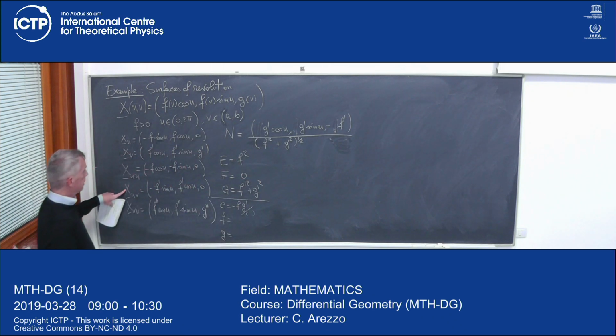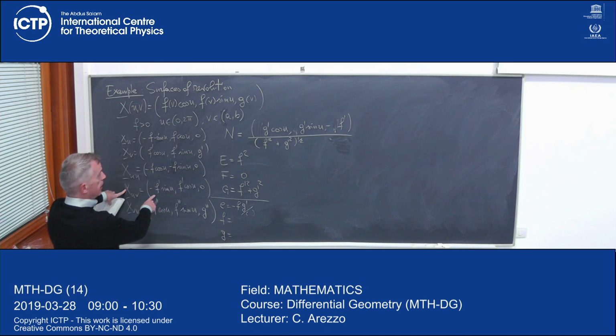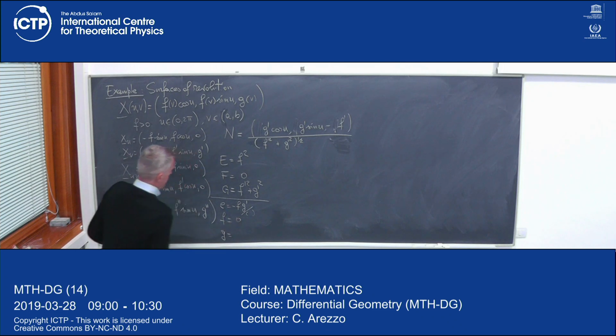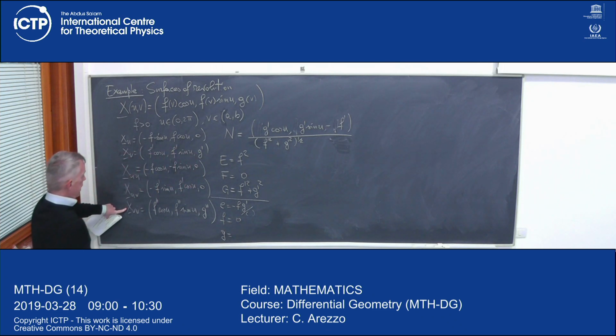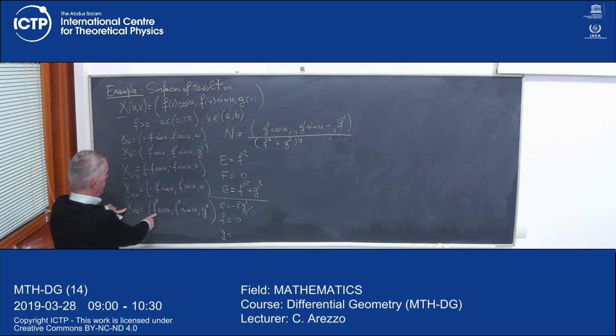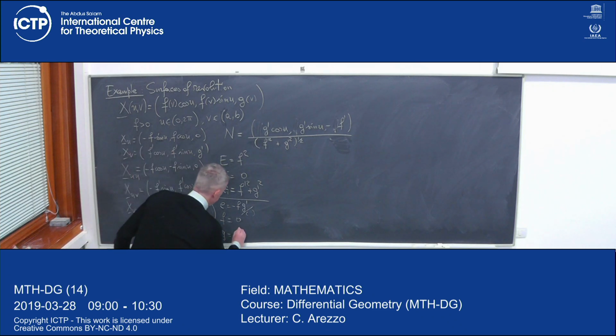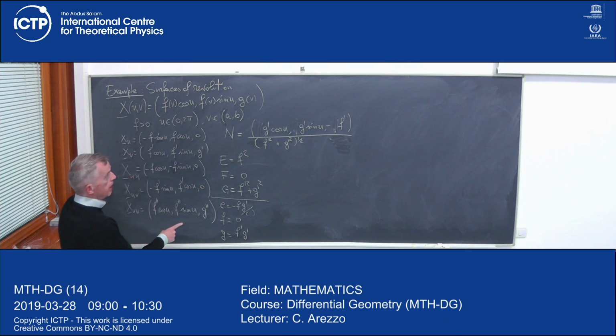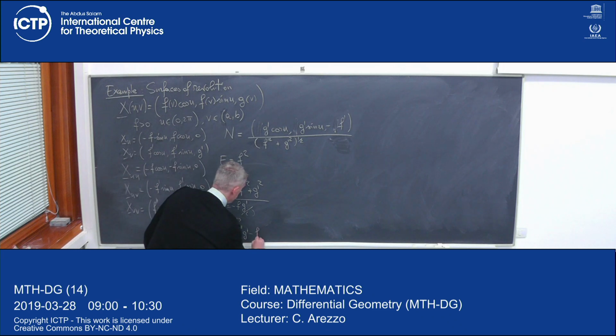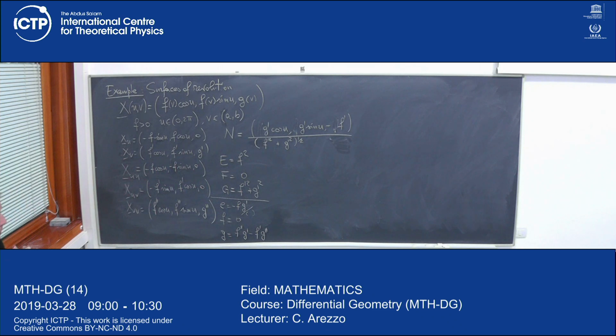Little f is minus f prime g prime plus f prime g prime, 0. Little g is f double prime g prime cos squared plus f double prime g prime sine squared, so it's f double prime g prime minus f prime g double prime.